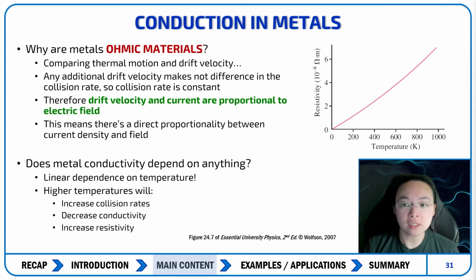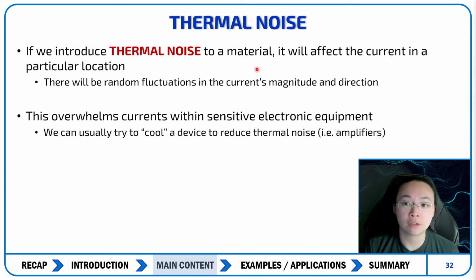So just looking at this, because temperature does affect metals' conductivity, we have to take a look at thermal noise. If we introduce thermal noise to a material, even if it's localized thermal noise, it's going to affect the current at that position. There's going to be random fluctuations in the current's magnitude and direction, and that is why overheating an electronic device or electronic equipment that's sensitive to heat is going to cause a lot of noise in the current.